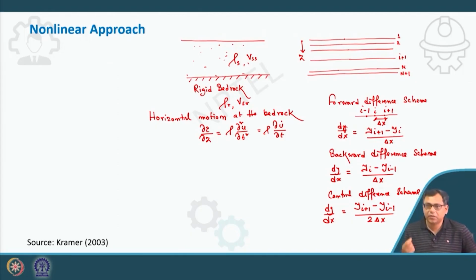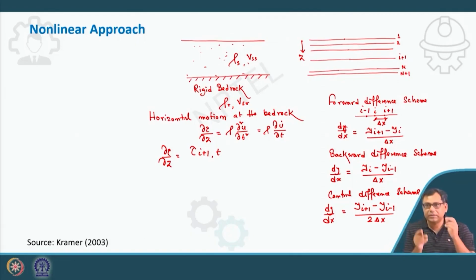Remember that this way I can determine d square y/dx square, d cube y/dx cube, or express them in finite difference schemes. Now, if I use the forward difference scheme, then del tau by del z can be written as tau I plus 1, and it is a function of I along the z.